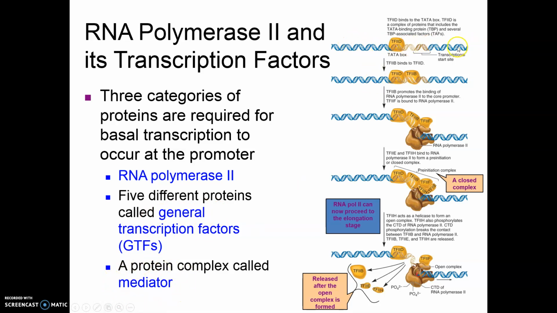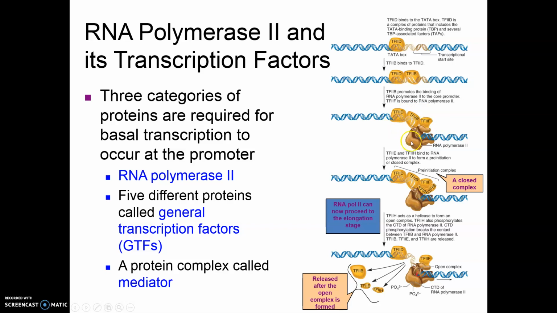So here we have the gene, we have the TATA box, and we have transcription factor 2D that will bind to that sequence. Transcription factor 2B will be recruited, so D recruits B. B will recruit the polymerase, which already has F bound to it.